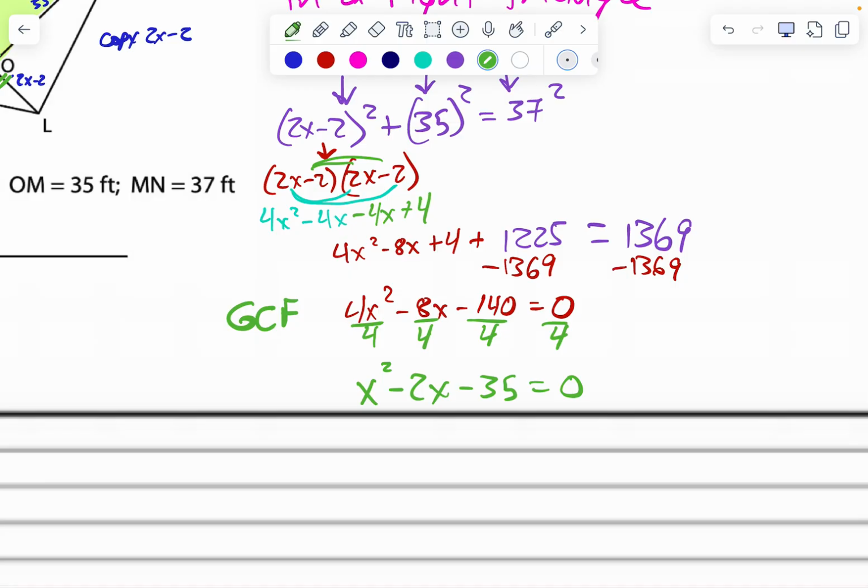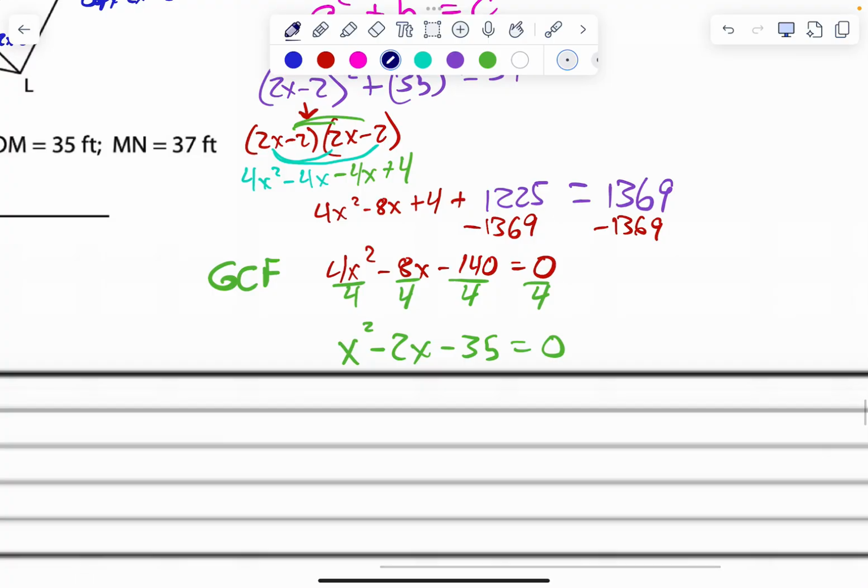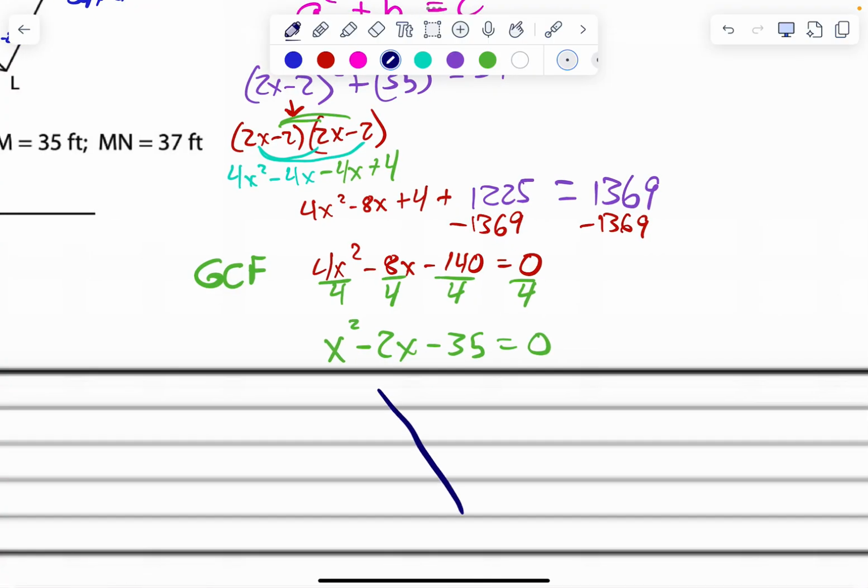Okay, now we factor, so star. And we reviewed this in the warm-up yesterday and today. What is A times C? Negative 35. B? Negative 2A.